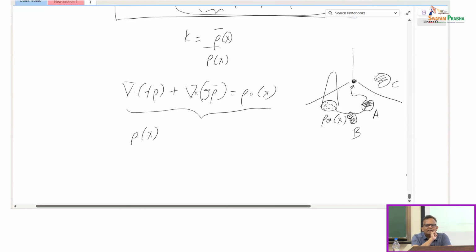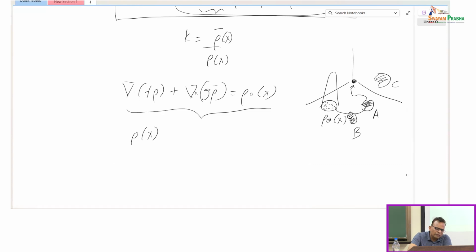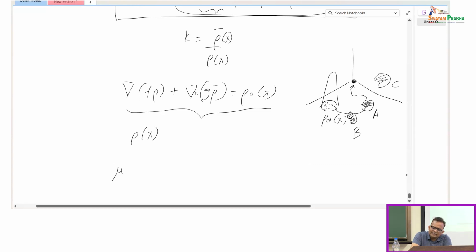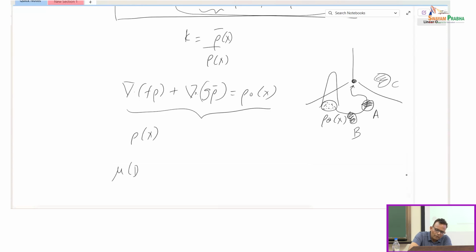Given any density, I can define a measure. So take any set, let's say any set D. I want to understand what the occupancy in the set D is. So mu of D is the occupancy.